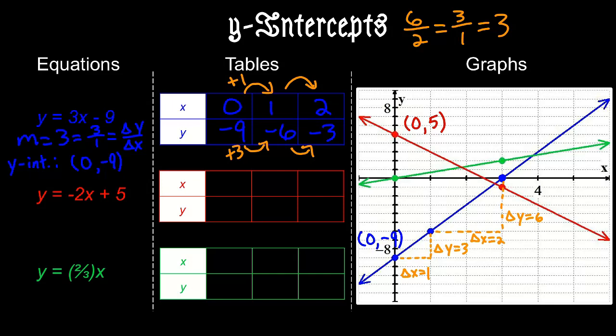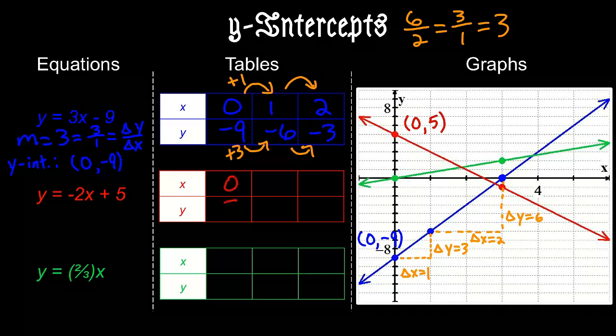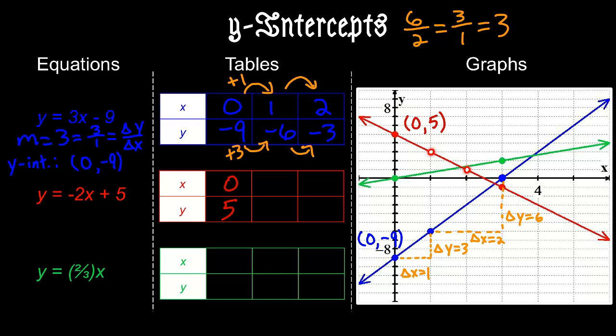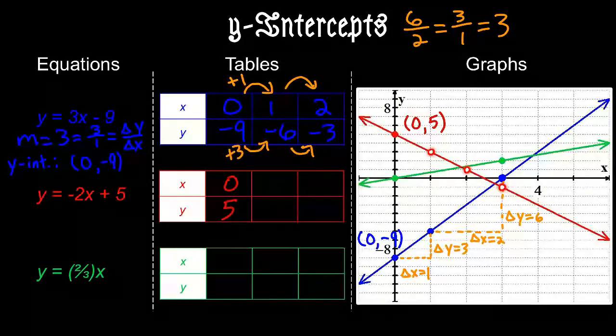So I can put that point into the table, (0, 5). And now, if I follow this line right there, there's a nice point on the grid. There's a point on the grid. There's a point on the grid. There's a point on the grid. So we can add all those into the table.